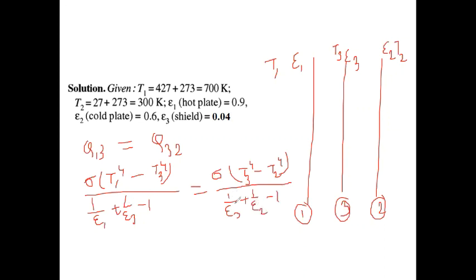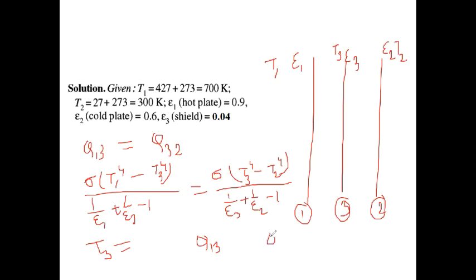So from this equation you can find out T3, because T1 and T2 are known to you. So from this you get T3, and anyone, put the value, you find out 1 to 3 or 3 to 2, anyone. So find out from this Q1, and we already calculated the Q12.